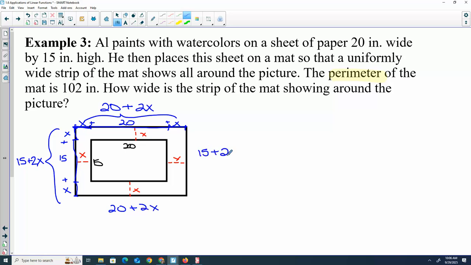So you could list all 4 of those out, or you could say I have 2 of these, so 2 times the 20 plus 2x. I have 2 of these, so 2 times the 15 plus 2x. Equals 102, our perimeter.